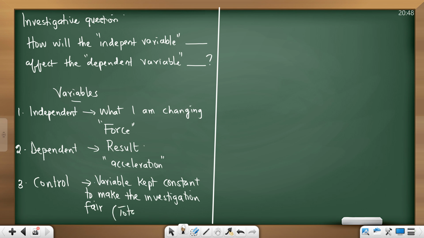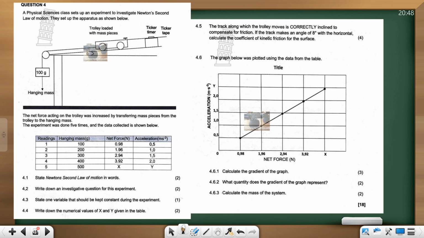So the total mass in the system is constant, because we are moving mass from one point to the other. Okay, so that's a quick lowdown there.